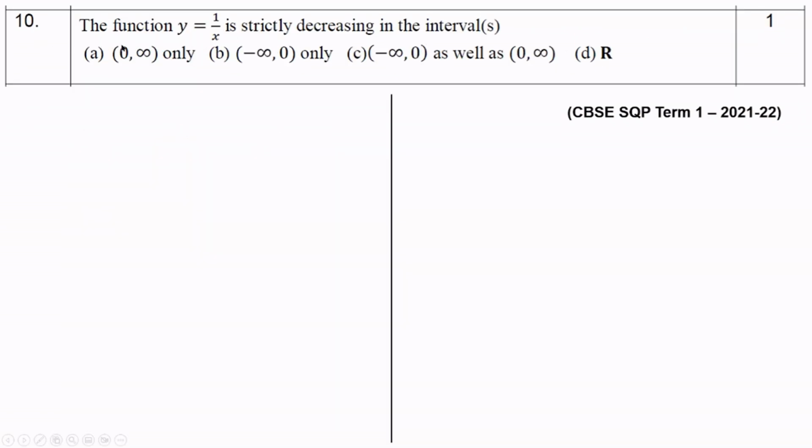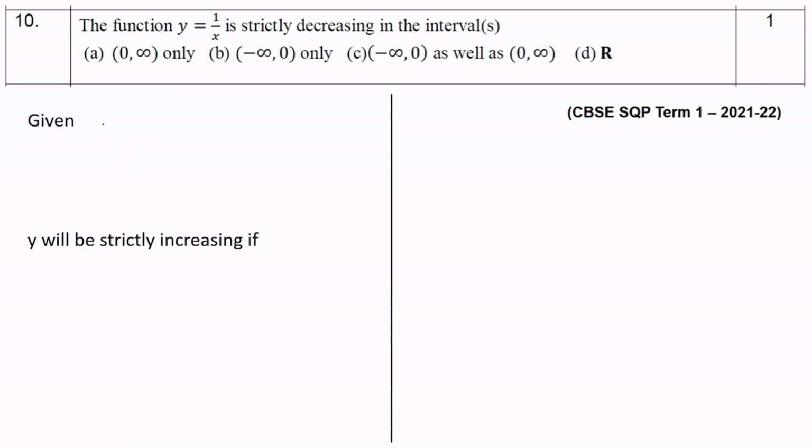The next question, the function y equal to 1 by x is strictly decreasing in the intervals. We have these 4 options. So we have the function y equal to 1 by x, and we have to see where this function is strictly decreasing.